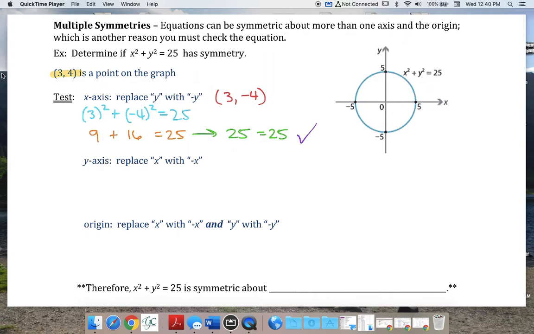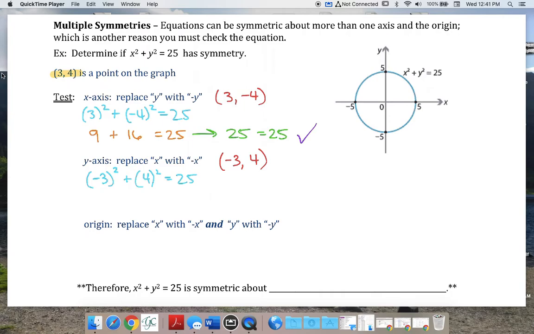Then we'll check for y-axis symmetry. Across the y-axis is when we change our x value. So now we're going to change x to be -3, but we'll keep y as +4. All right, so we're going to plug in a -3 for x this time, but we're going to go back to +4, and then we'll simplify.